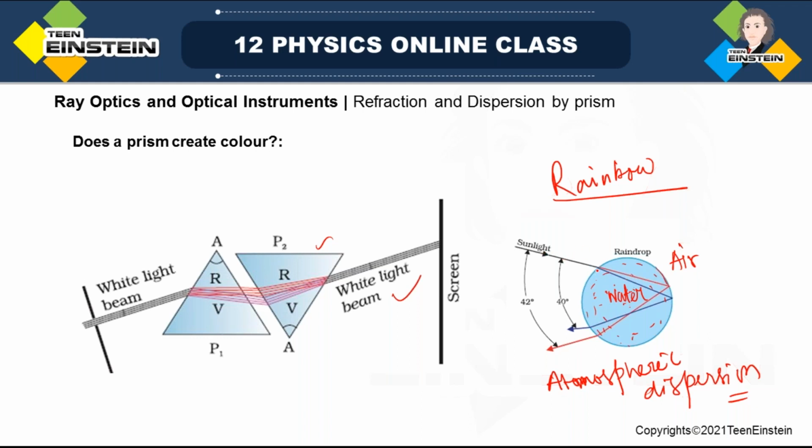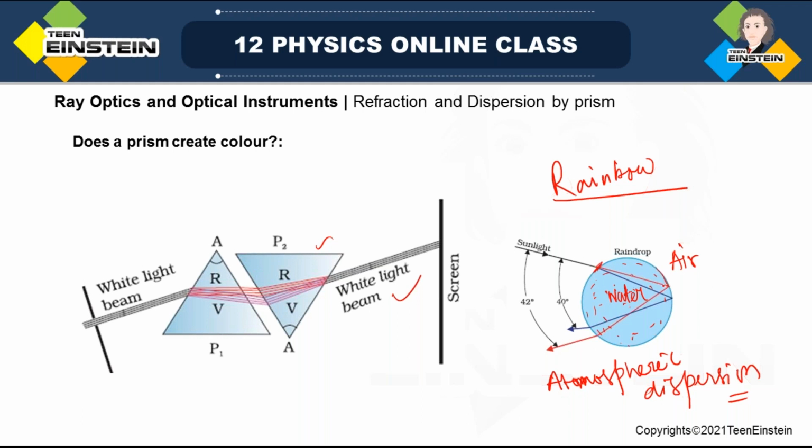So sunlight comes and gets refracted at this surface. In fact, it is getting dispersed. Dispersed means it is split into different colors, and all the light goes to the opposite face.